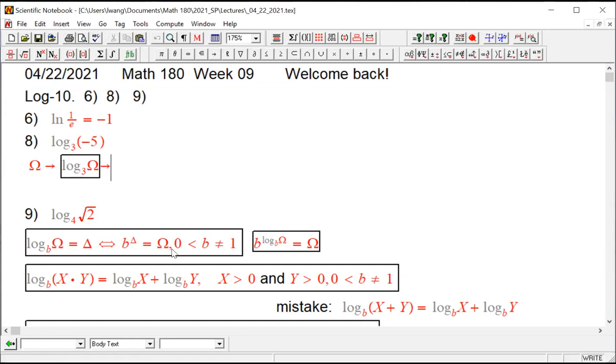B is 3, right? Base is 3. So this omega has to be what? It has to be positive. Therefore, this is what? Undefined.